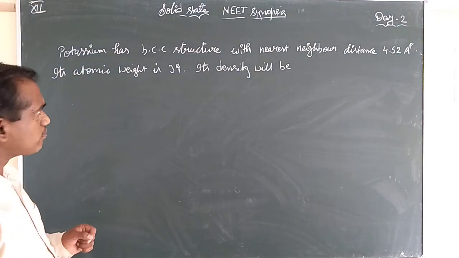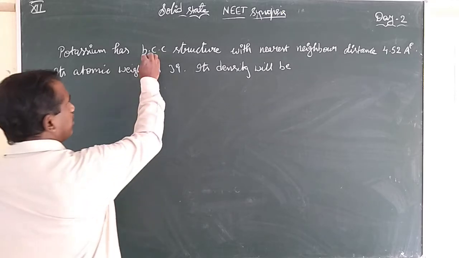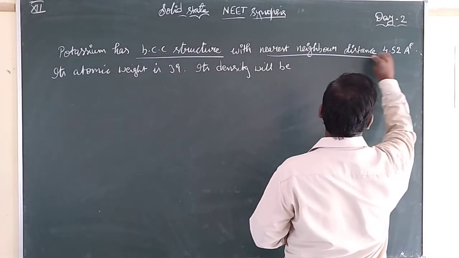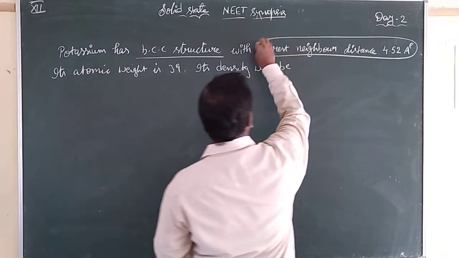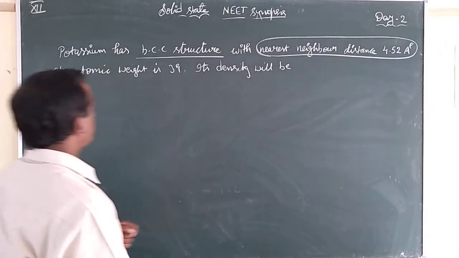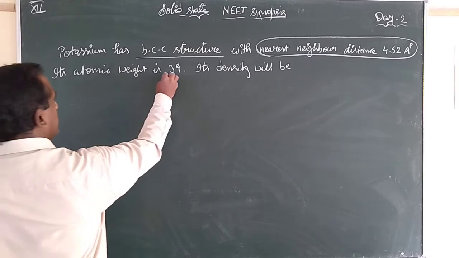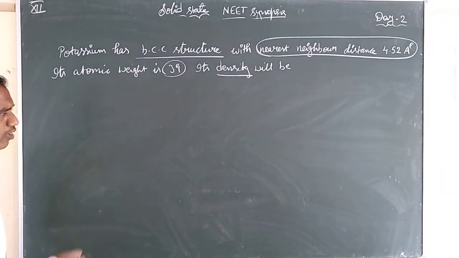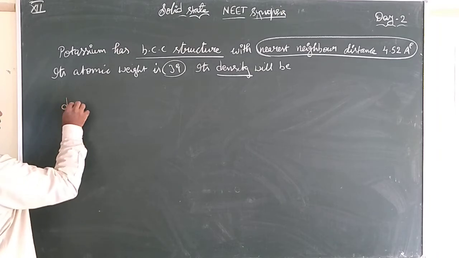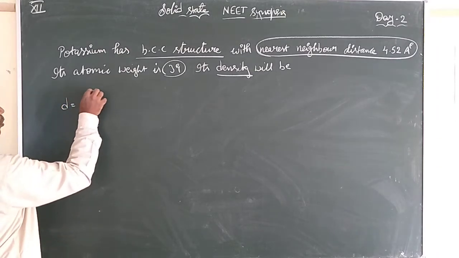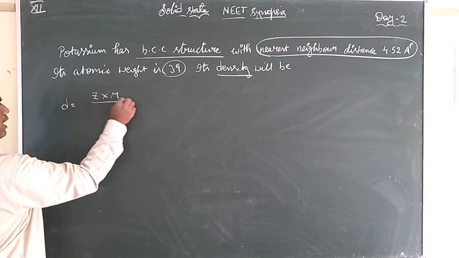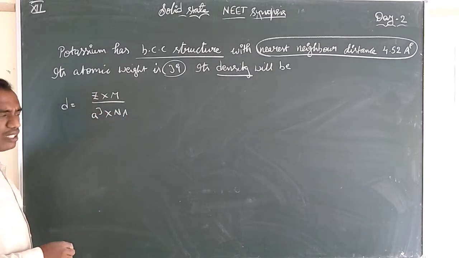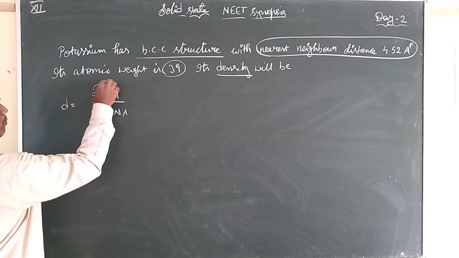Potassium has BCC structure with nearest neighboring distance 4.52 angstroms. Its atomic weight is 39. The density will be? Generally whenever density is given, what we know is Z into M by a cube into N A. Then we can easily find out the atomic mass 39.